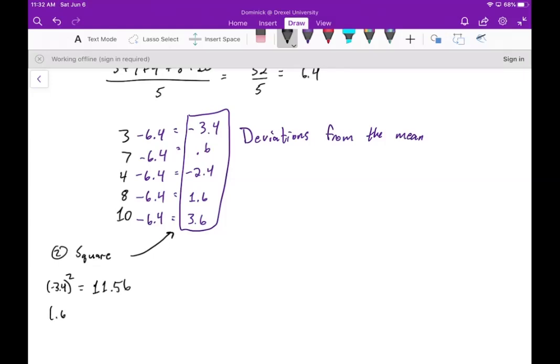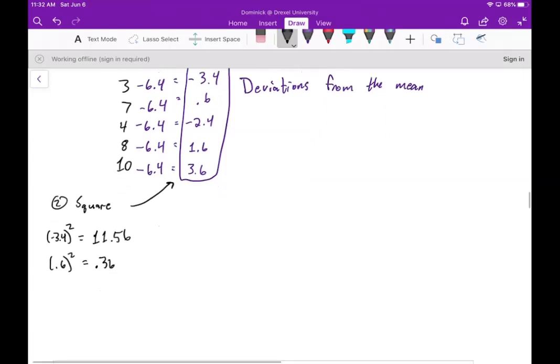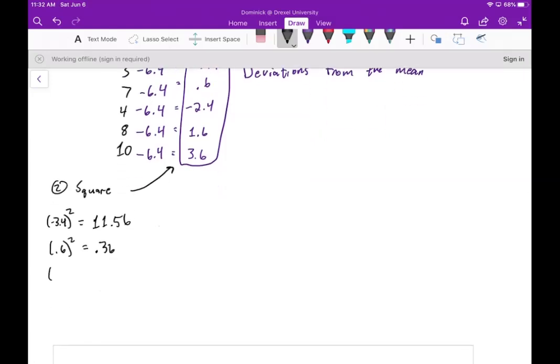If I square 0.6, I'm going to get 0.36. If I square negative 2.4, I'm going to get 5.76. If I square 1.6, I'm going to get 2.56.